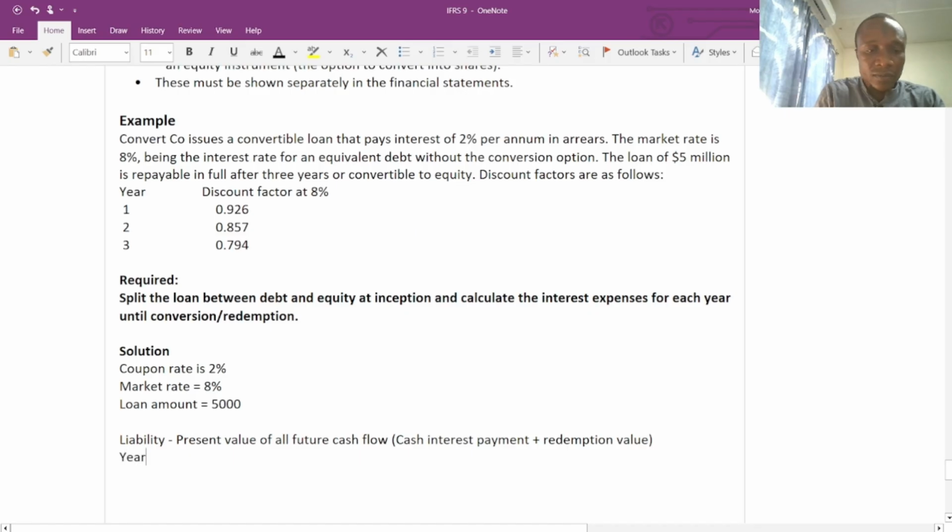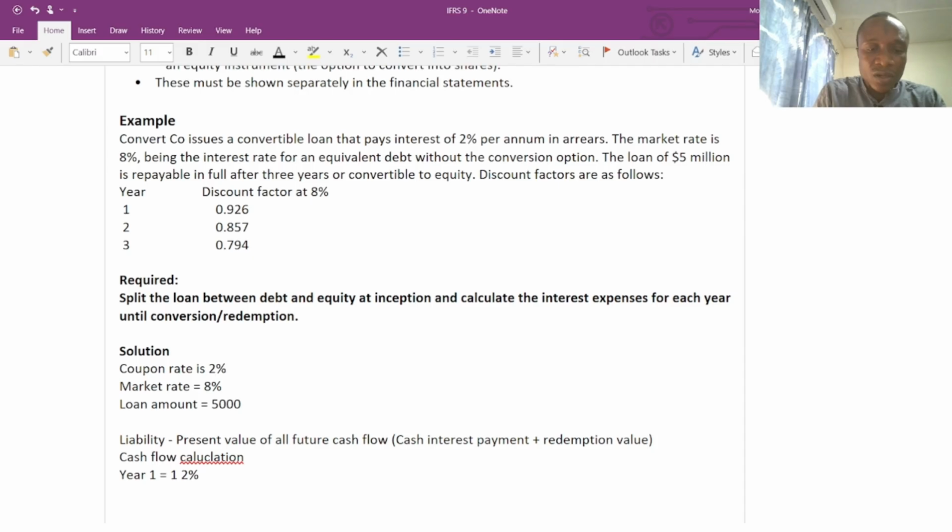So here, for example, now cash flow calculation. Year one, the cash flow in year one. We are going to pay actual cash interest of 2%.